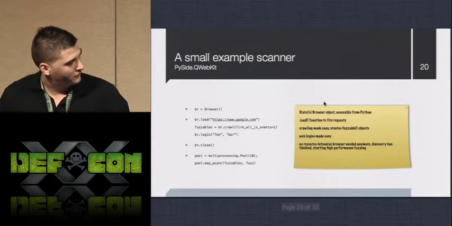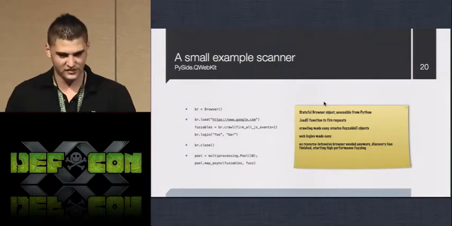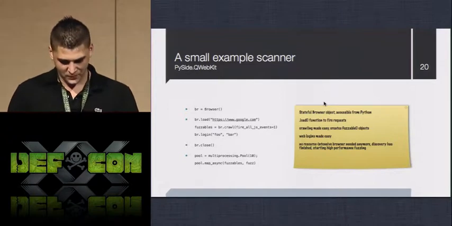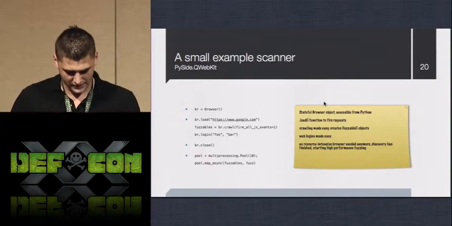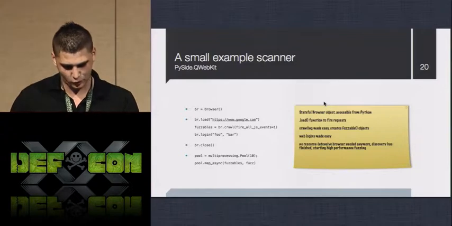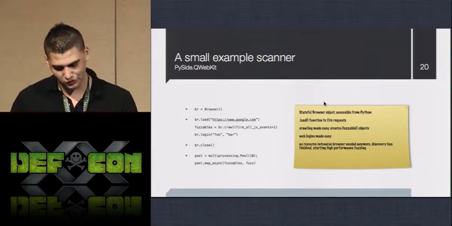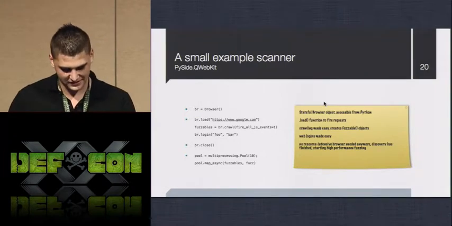And I actually put a little example scanner into the slides. It's just Python. The code simply shows Python spawning a browser instance, loading google.com, crawling google.com, logging into google.com, killing the browser instance again, and starting with fuzzing.